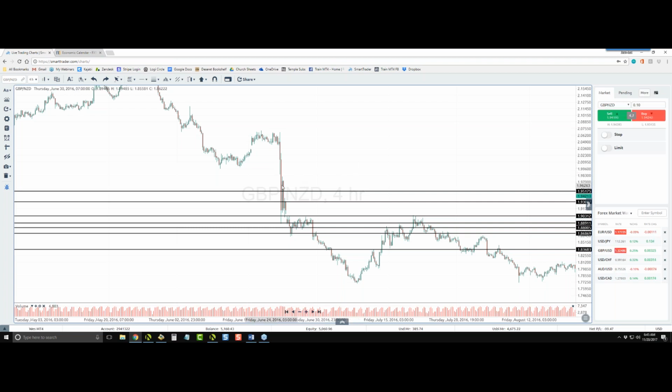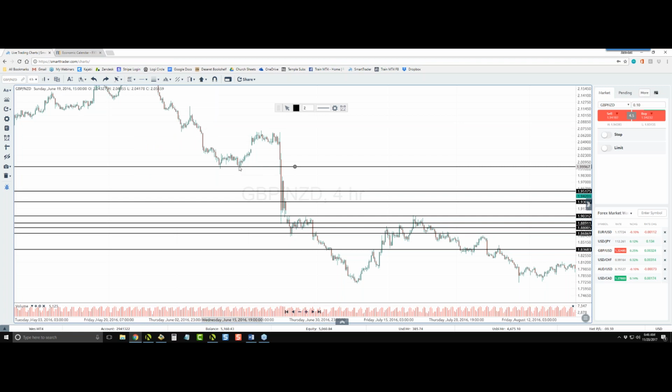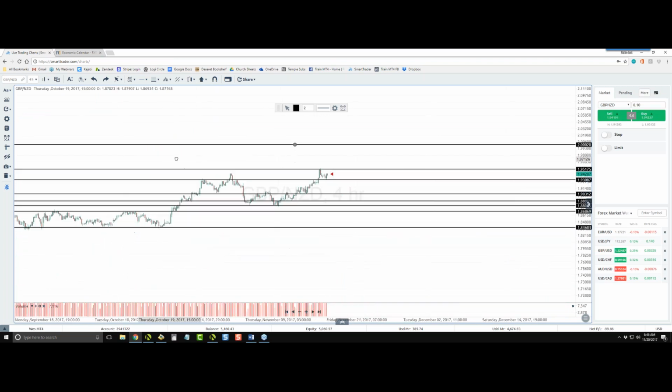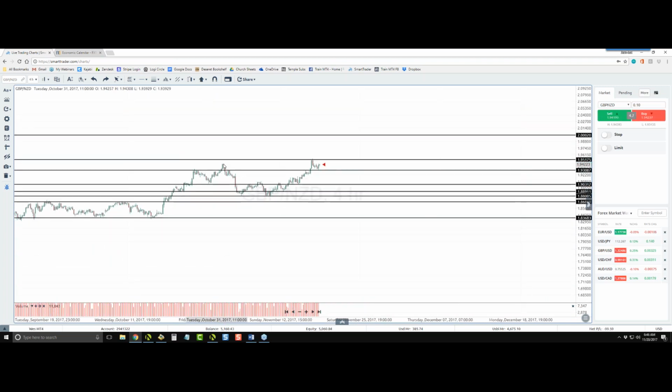I probably would have ignored that last resistance line, and at the very least, I would have used this previous support line that was broken as a resistance line. So let's go back to the beginning over here. After it broke this line, I would have probably been trying to get to here.